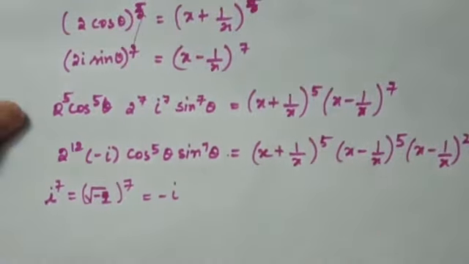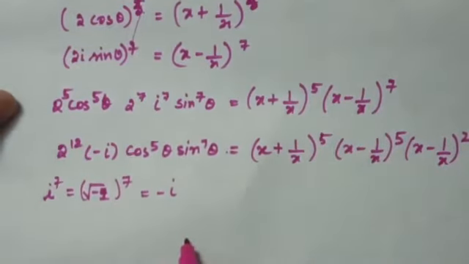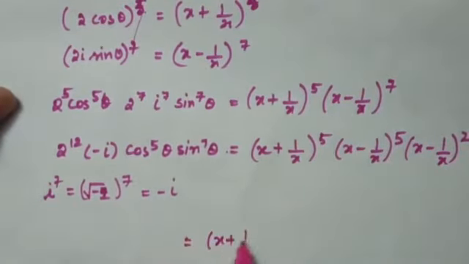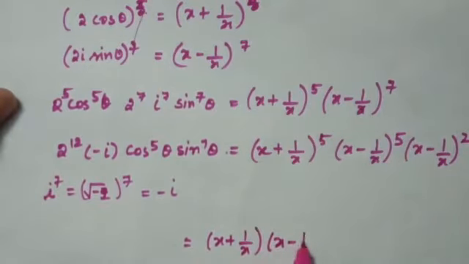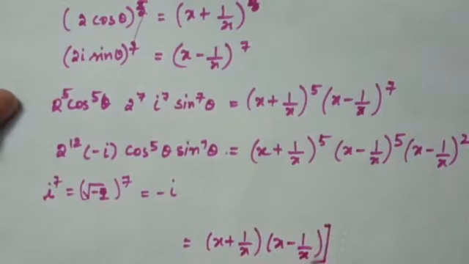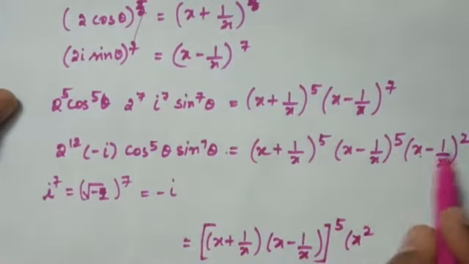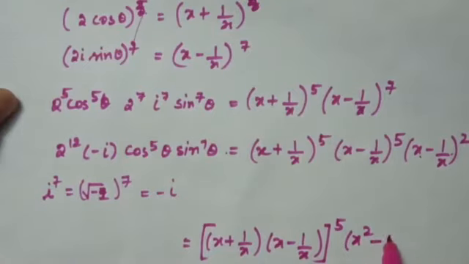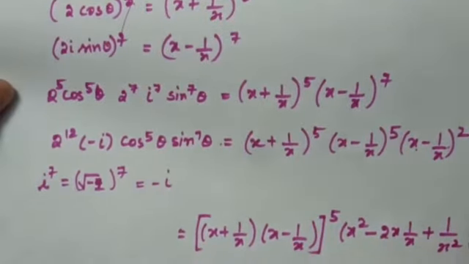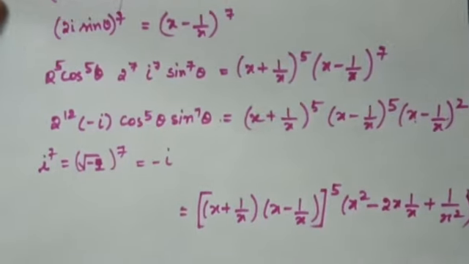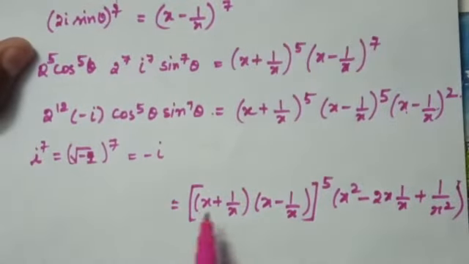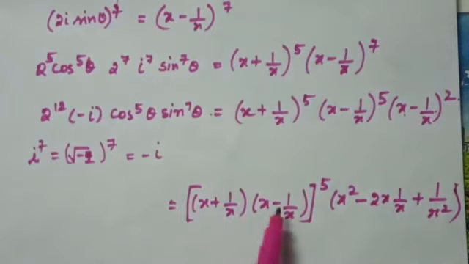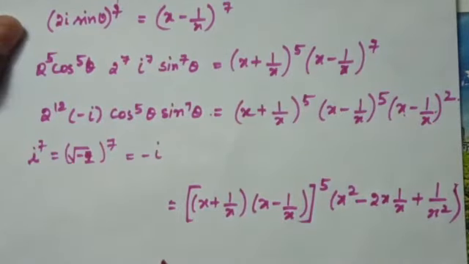So you will get (x plus 1 by x) into (x minus 1 by x) the whole power 5 into a squared. Here the a minus b the whole squared formula is a squared minus 2ab plus b squared. So b squared is (1 by x) the whole square, simply 1 by x squared. Now we can apply the formula a plus b into a minus b equals a squared minus b squared.